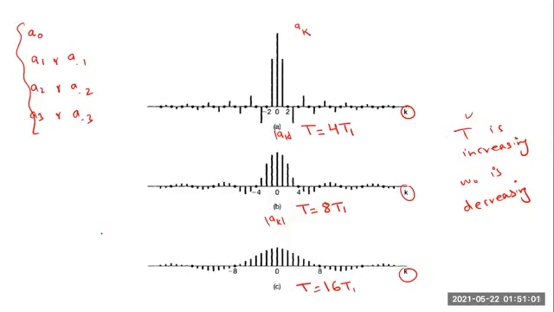Because frequency is decreasing, it means the Fourier coefficients will get closer to one another.